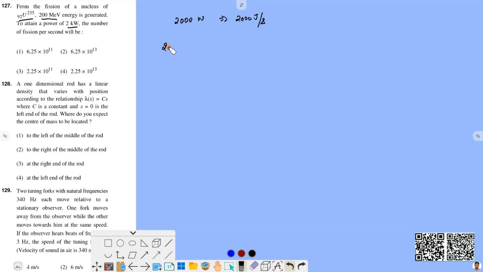So 200 into 10 raised to power 6, and that is in electron volts. So we need to convert it into joule. So 1.6 into 10 raised to power minus 19, and this will give us 3.2 into 10 raised to power minus 11 joule.